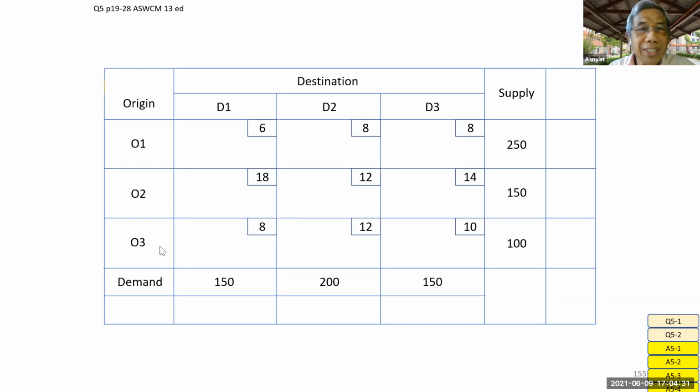Maybe you don't have to write destination, just D1, D2, D3, supply, O1, O2, O3, demand, that's sufficient.